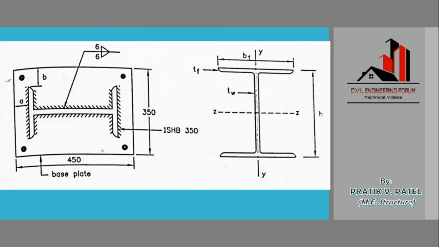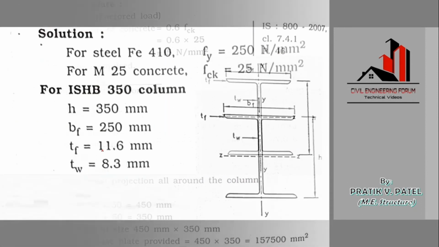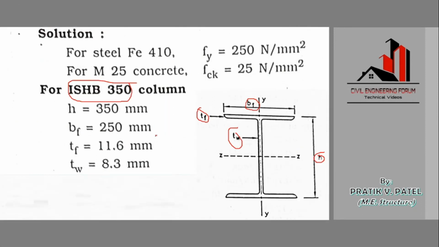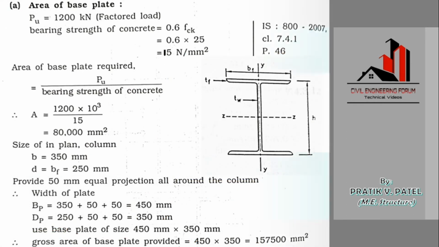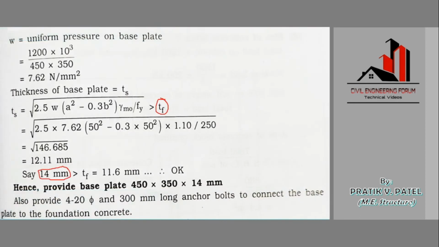Now what is the thickness of the flange here? We will just check. It is 11.6. So 14 is greater than 11.6. So our design of the base plate is okay. Hence the base plate is of dimensions 450 cross 350 and 14 mm thickness.